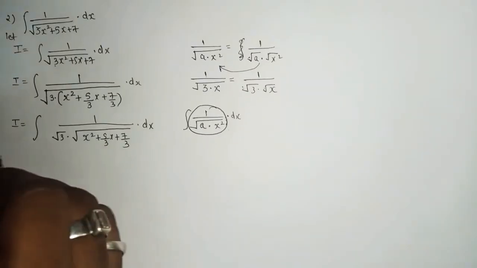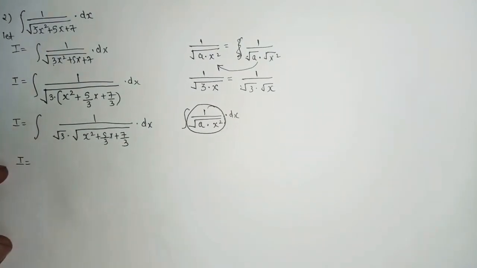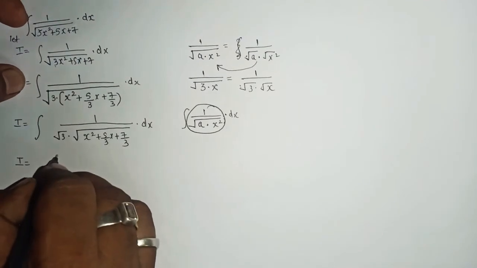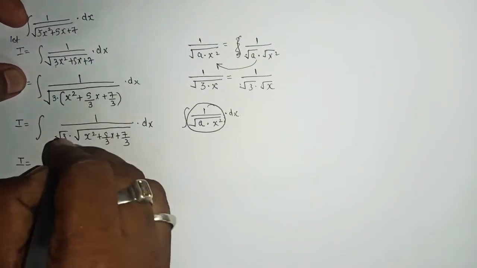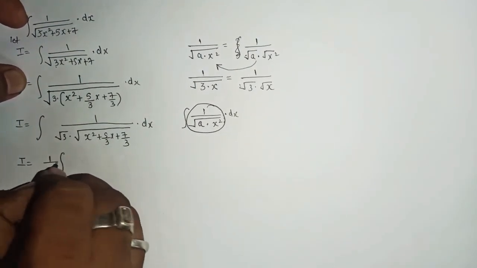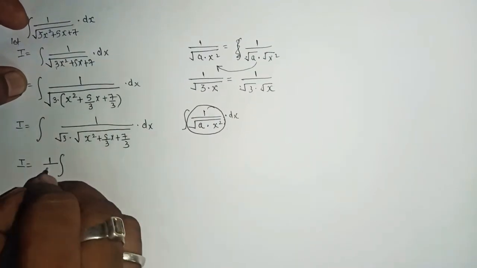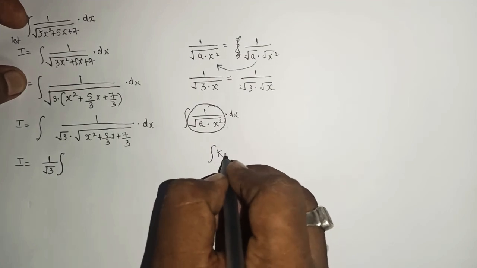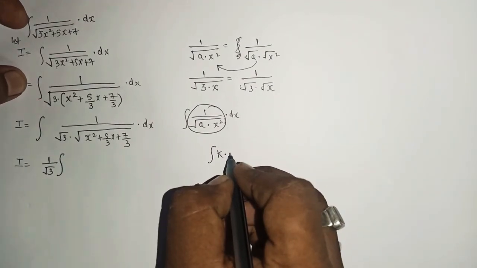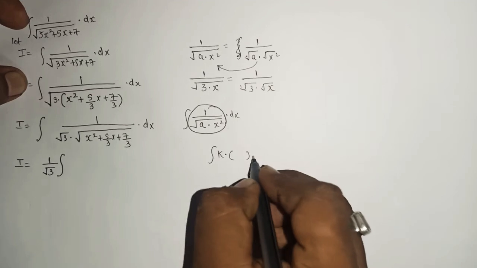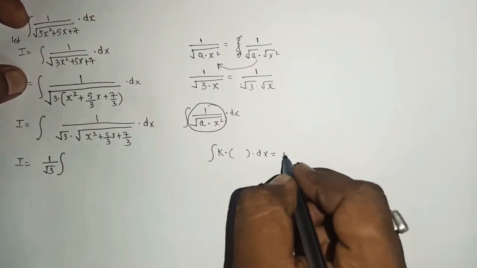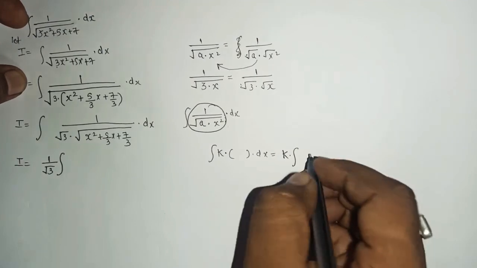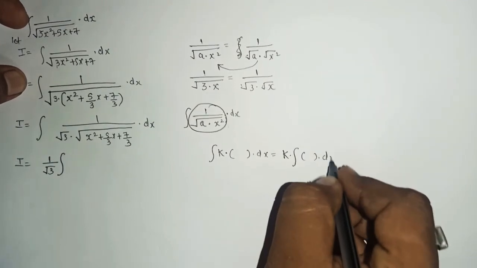After this, clearly we can see that now after this step we can remove this 1 upon root 3, as it is a number. As per the rule, whenever we have any constant inside the integral, we can remove the constant outside the integral. Yes or no? This was the rule.